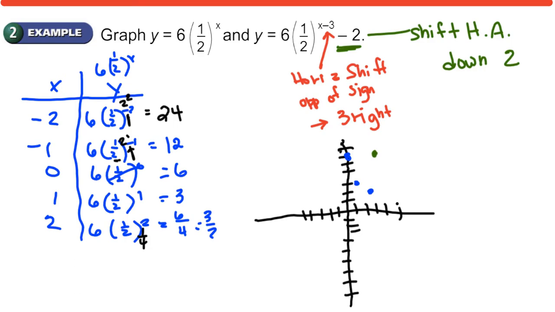And then we have to go down 2. So we go right 3, 1, 2, 3, and then down 2, 1, 2. This one we go 1, 2, 3, and then down 2. 1, 2.